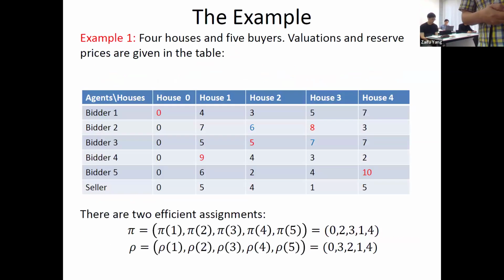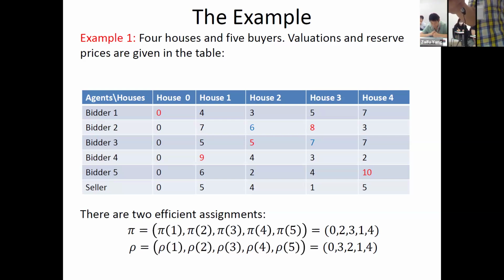Okay, so look at the same example. Actually, in this market, there are two efficient assignments. You see here, bidder one should not get any atom, and here bidder four should get house one, given these values. Now there are two possible assignments.